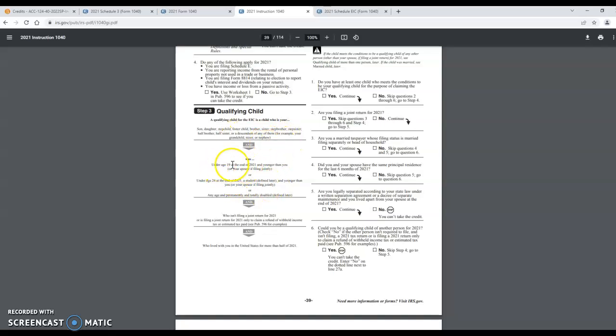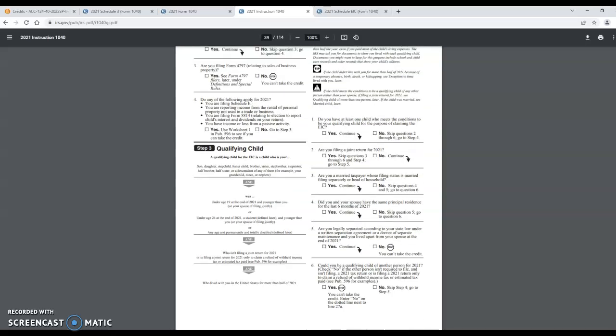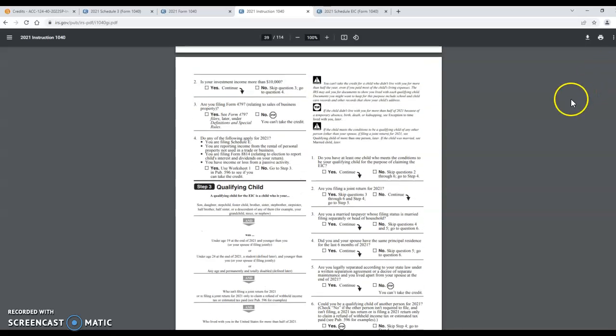He was under the age of 19, so he passes the age test. And Johnny's not filing a joint return. He's only 7, so he's not married. And Johnny lived with him in the United States for more than half of 2021. So all of that is good, and that will be included.